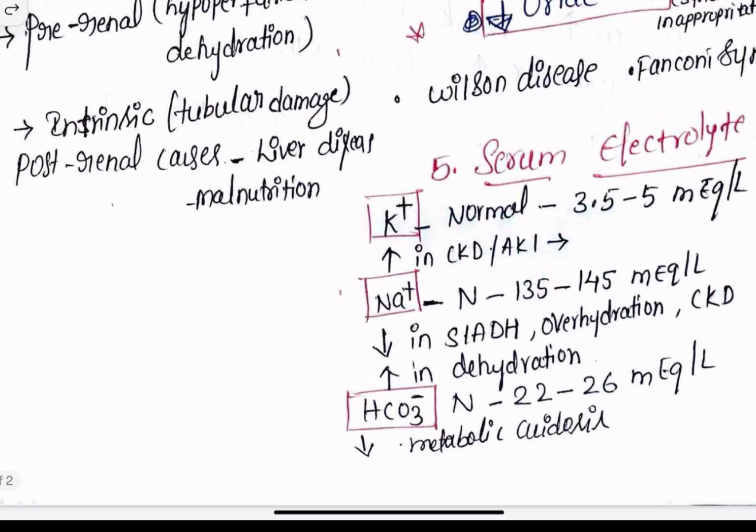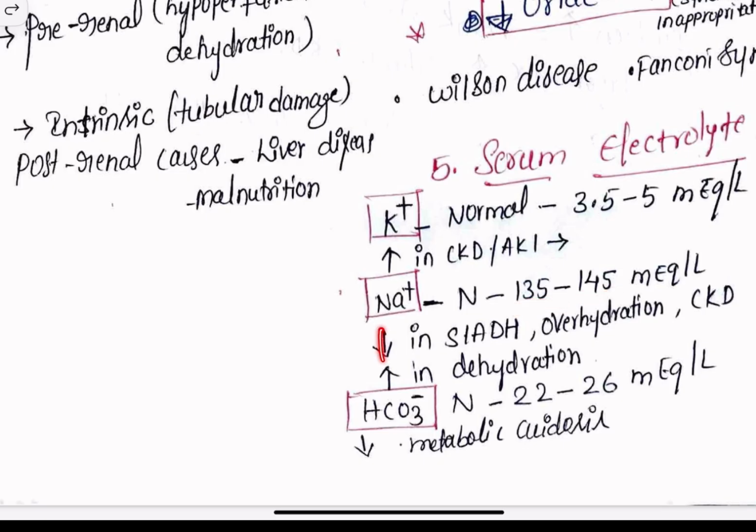The last part is serum electrolyte levels, that is potassium level. The normal value of potassium is 3.5 to 5 milliequivalent per liter. Potassium is increased in CKD or acute kidney injury. In sodium, the normal value is 135 to 145 mEq per liter.